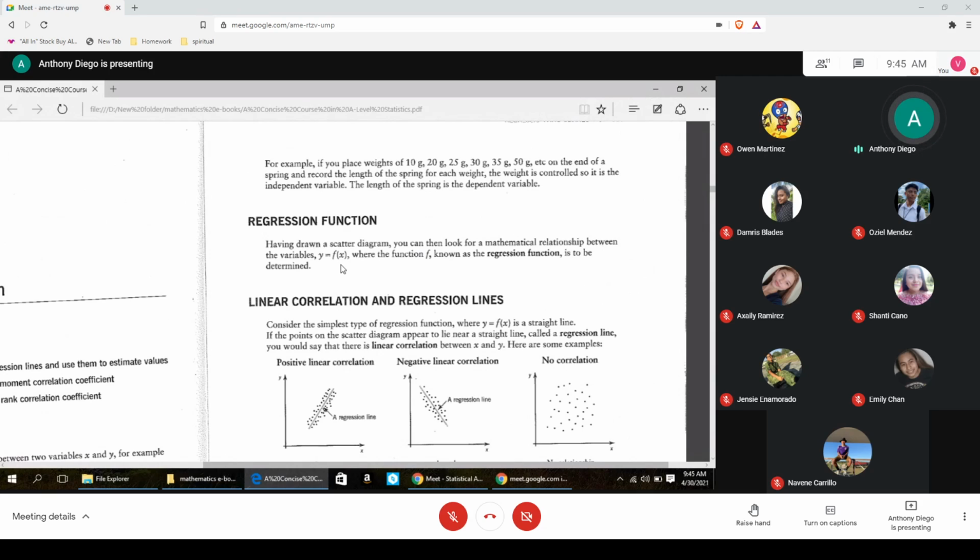And remember here, like what Shanti mentioned a while ago, that we are dealing with lines here, especially if you have a positive or negative correlation, you'll be getting a straight line graph.